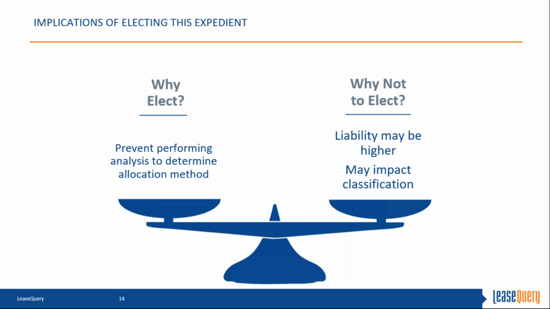So there is an operational component to these elections that you may want to consider, making sure you have a good understanding of what makes sense operationally to determine the appropriate election. Some organizations, for simplicity, code all of their real estate payments, regardless of whether it's CAM or insurance, to lease expense.